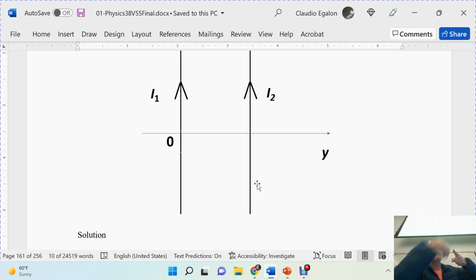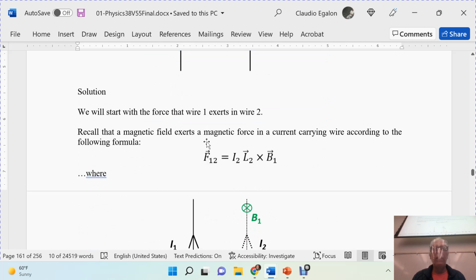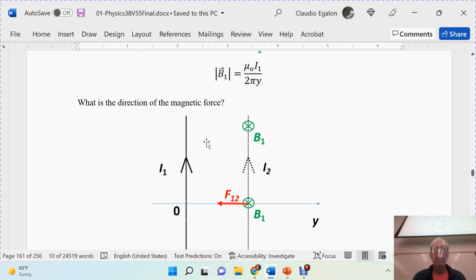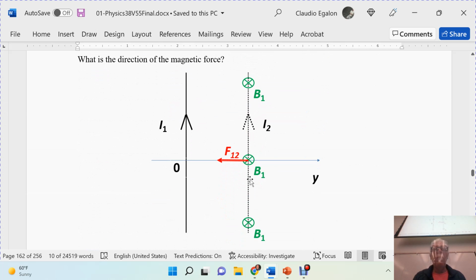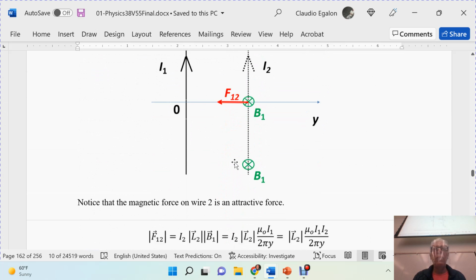Here, the magnetic field is going to point into the board at this spot, and the magnetic field of this one is going to point out of the board in this wire. You go ahead and do the I cross B, and you're going to see a magnetic force to the right. And for the other wire, you see a magnetic force to the left.